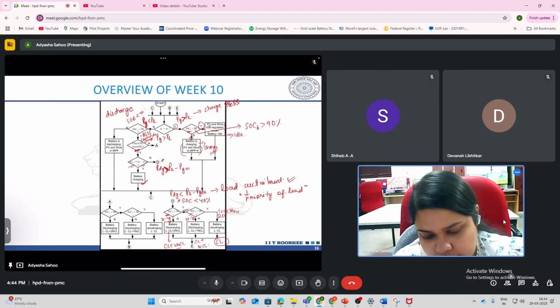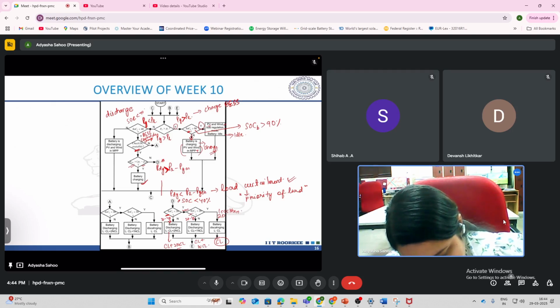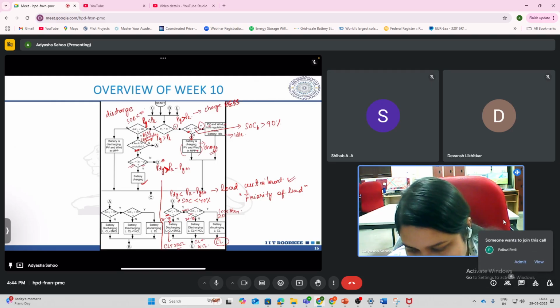Now what was A? In A, we were checking the DG condition, whether DG is available or not. If the DG is not available, then we come to A. Similarly, you again use the battery SOC.